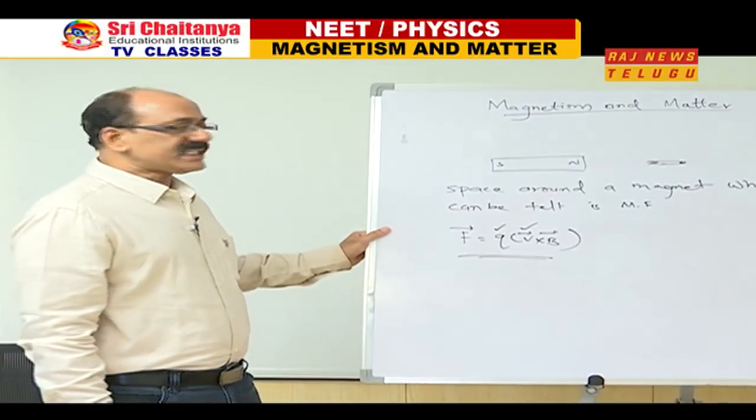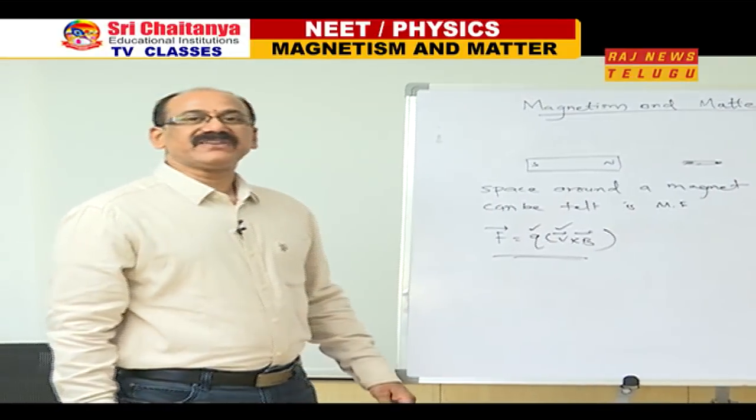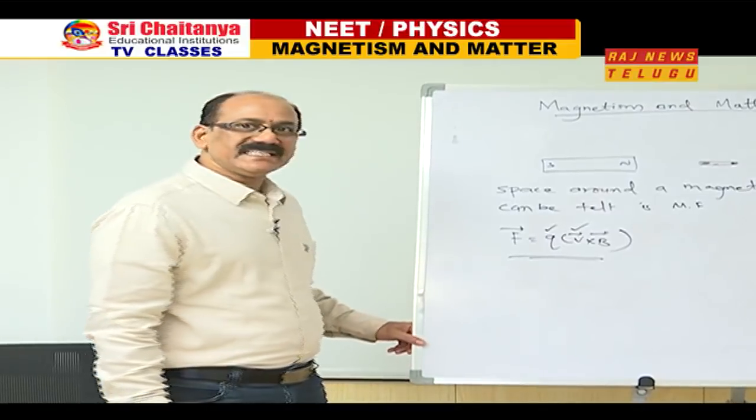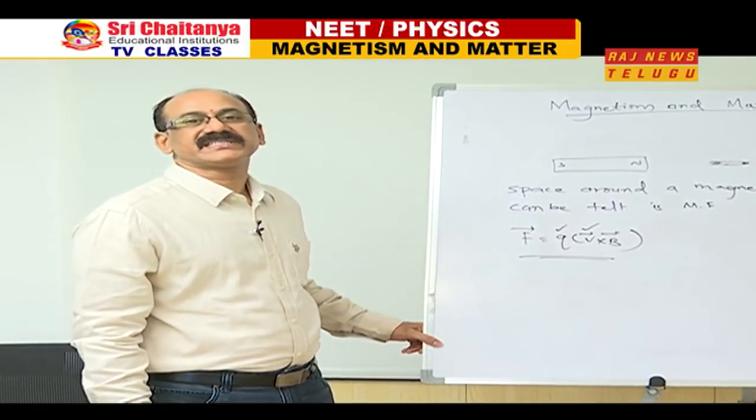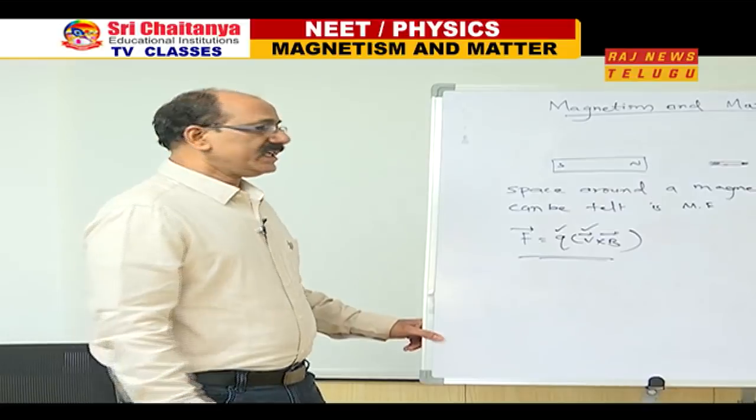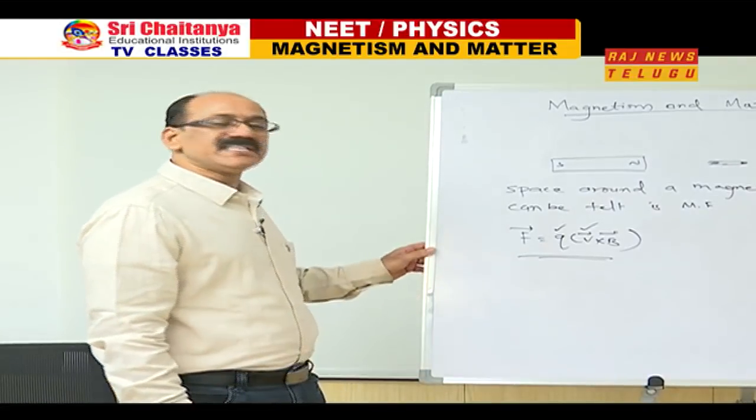Now let us talk about what are magnetic field lines. It is a visual representation for understanding the magnetic field that can be understood easily by a small experiment.